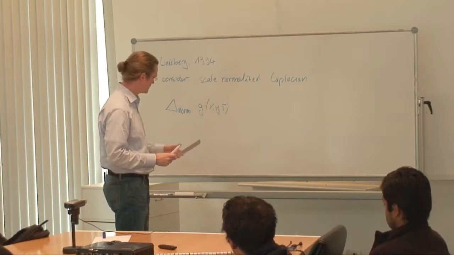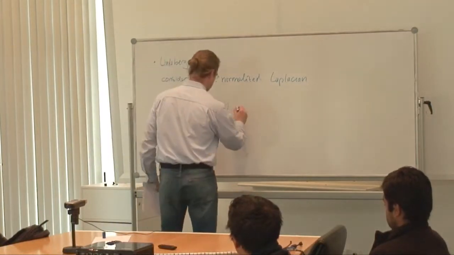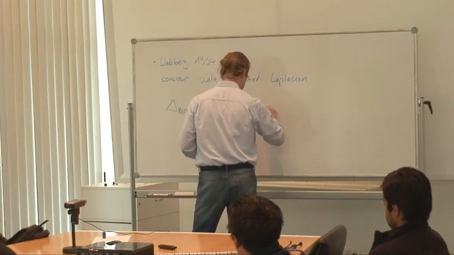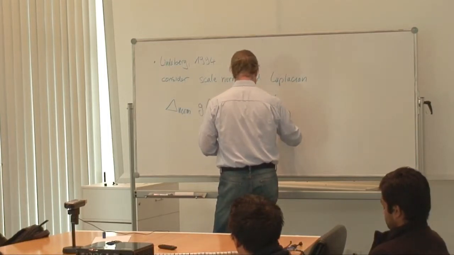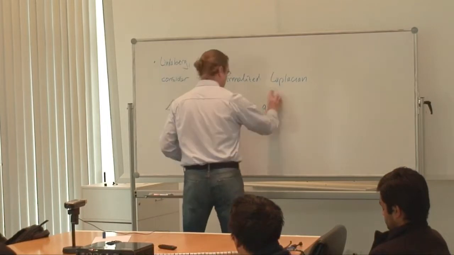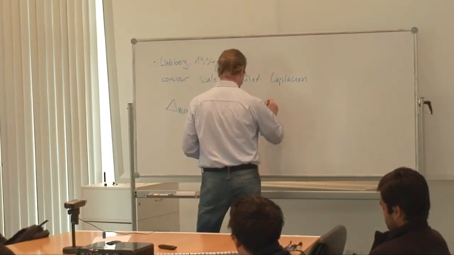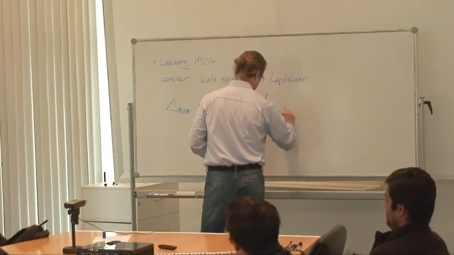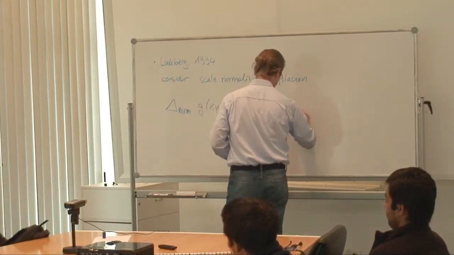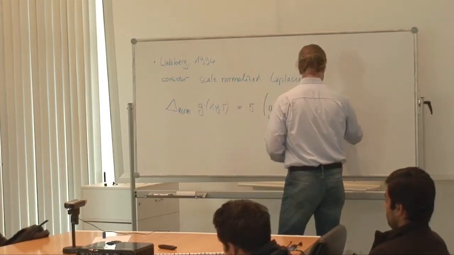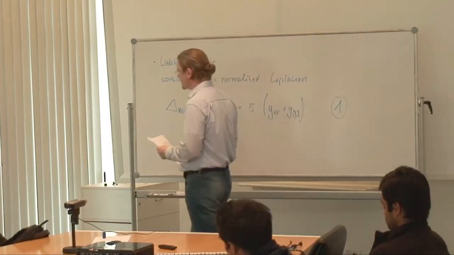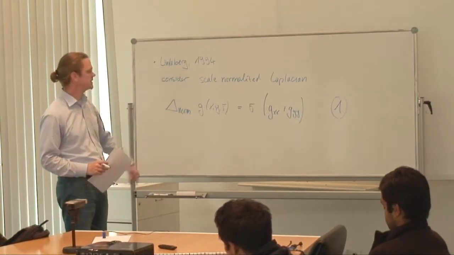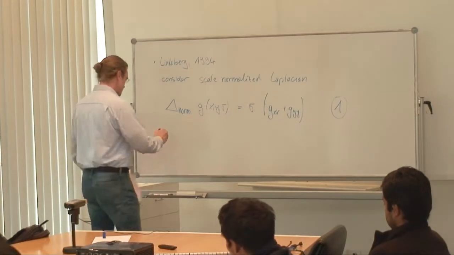Now it really pays off that we finally use sigma as a variable of the function, and this is just defined as sigma times G xx plus G yy. I shall call this equation 1. And the idea is to consider this slightly modified version of the Laplacian to detect blobs.